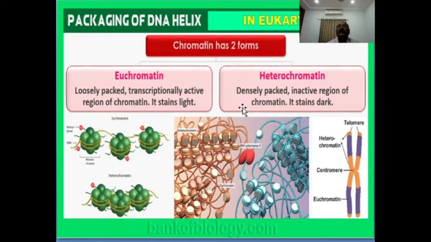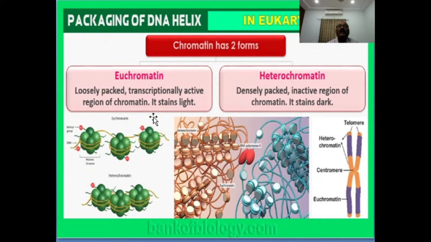Heterochromatin means a densely packed, inactive region of chromatin. It stains dark. Generally, chromosomes are stained with acetocarmine. When stained with acetocarmine, the lightly stained part is called euchromatin, and the thickly stained part is called heterochromatin.